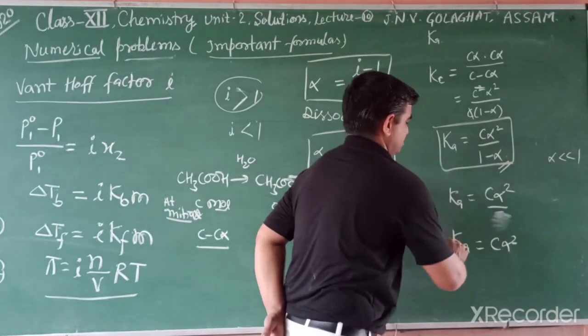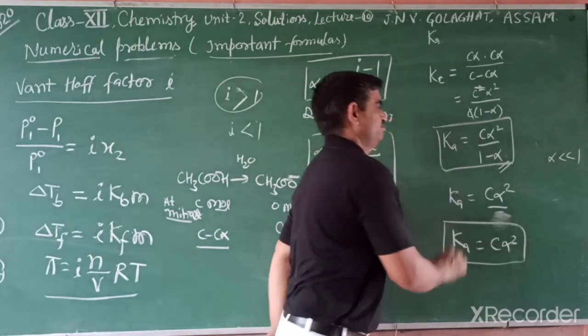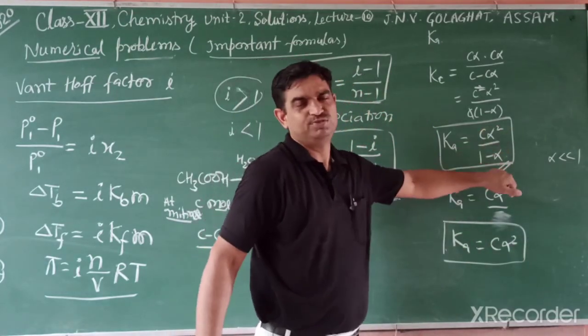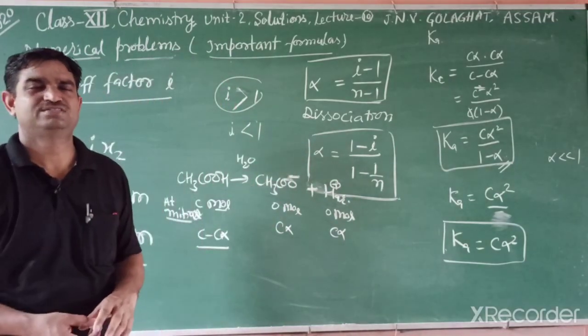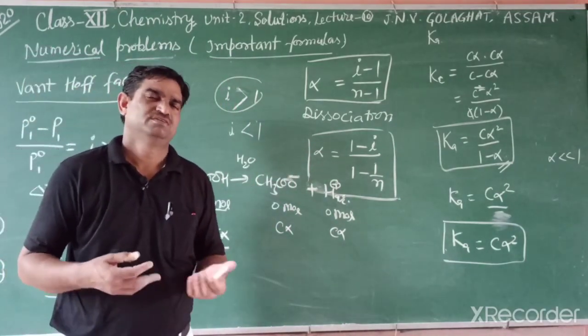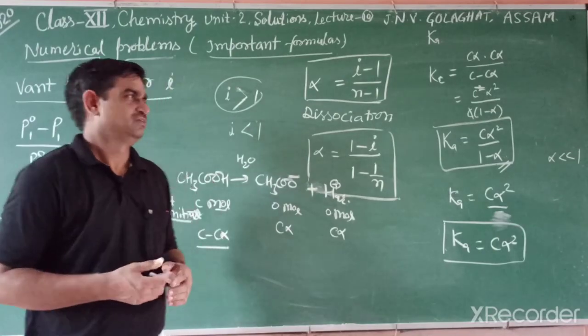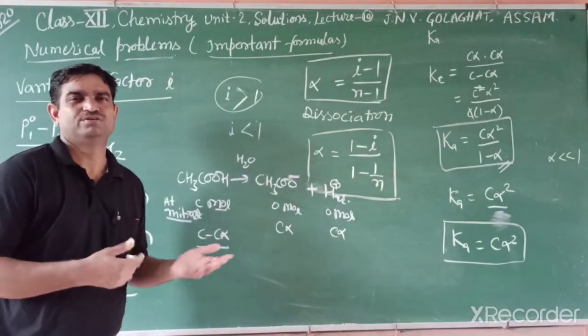So we can write it this way if the degree of dissociation is very small. Students, these are some formulas given in chapter 2, Solutions. Now we solve some numericals.